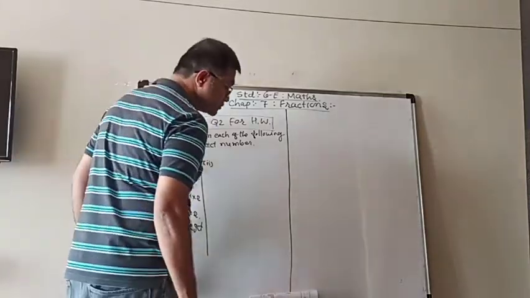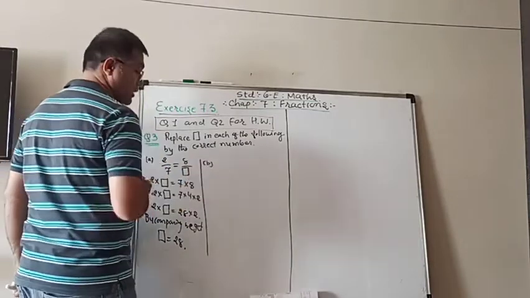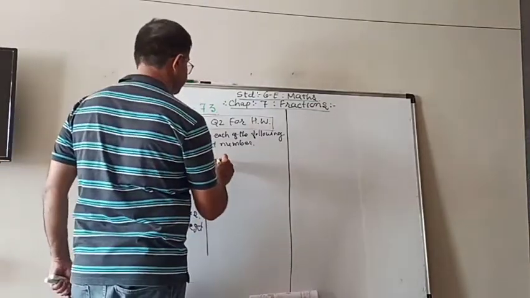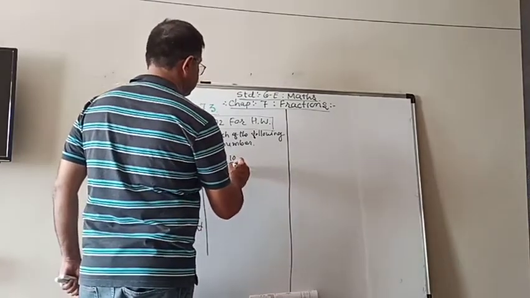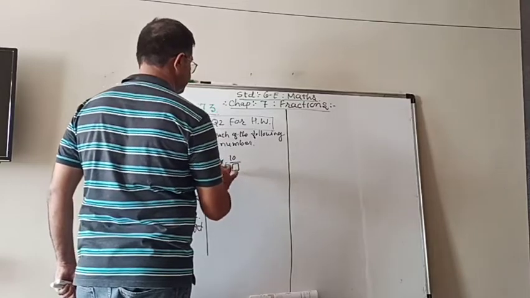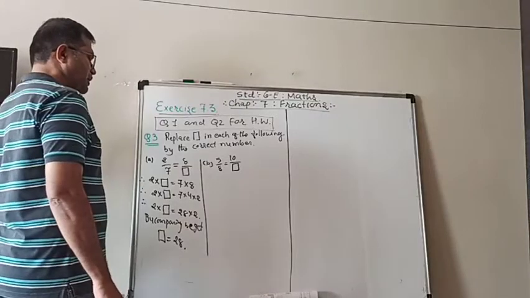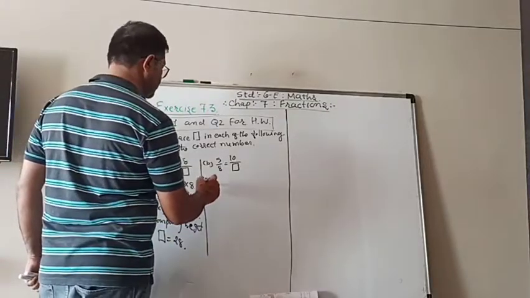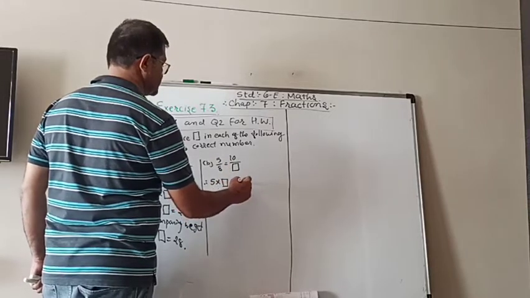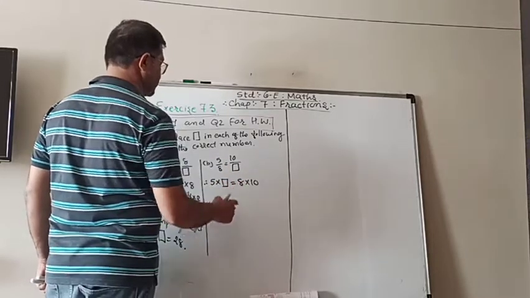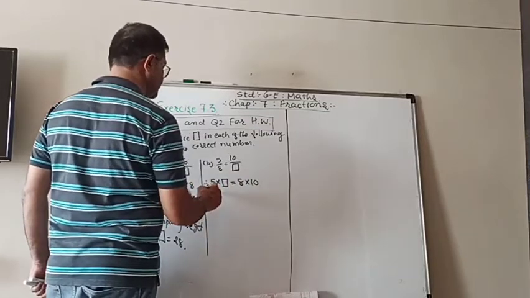Second one, this is A, this is B. 5 upon 8 is equal to 10 upon box. Here also we will do the same thing. Therefore 5 cross multiplication is equal to 8 multiplied by 10. Now we will write 10 as 2 multiplied by 5.